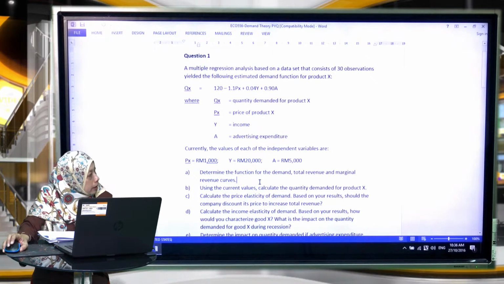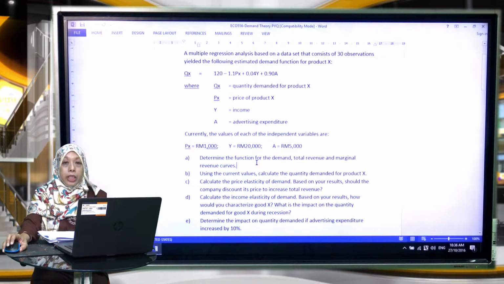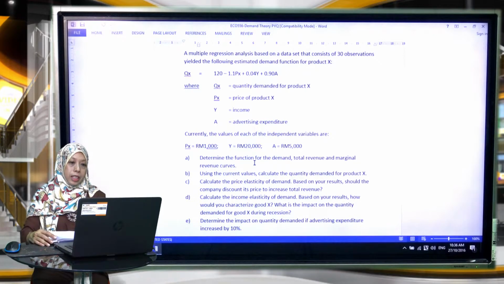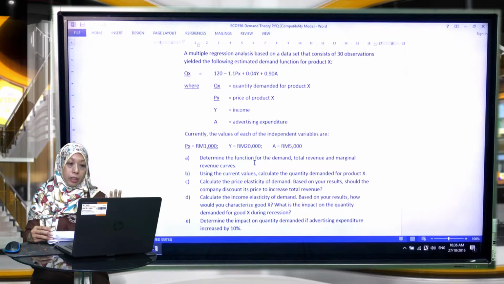Okay. Now, let's look at the first question. It wants you to determine 3 types of function: the demand function, the total revenue function, and the marginal revenue function. To answer this question, you need to recall the lecture on topic 3, towards the first half of it.